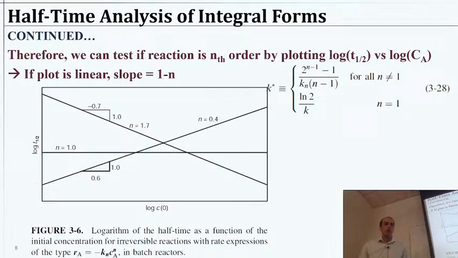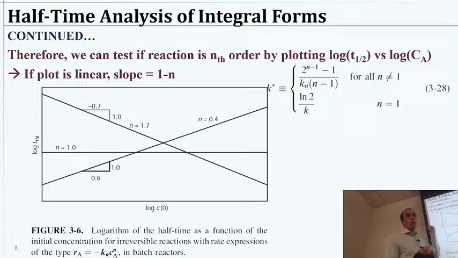Okay, so what we can do then with all of that is plot the log of our half-life, so log of the t1/2, versus log of c. And on that plot, we would see that for any value of n, we can get some result.